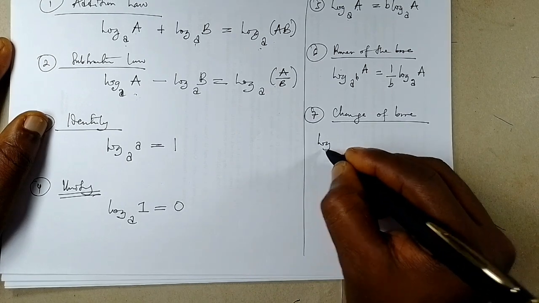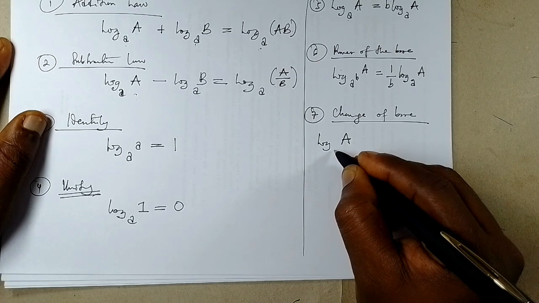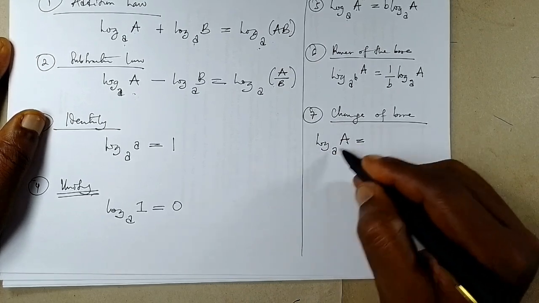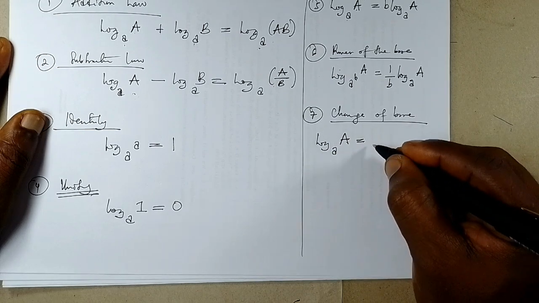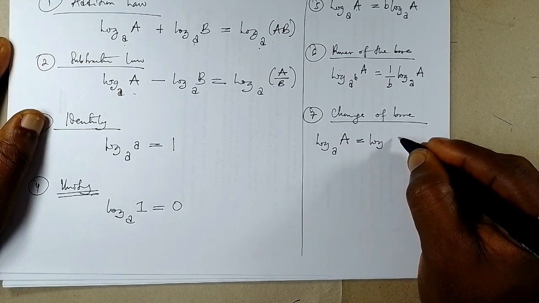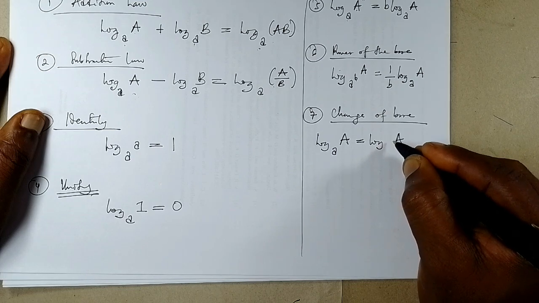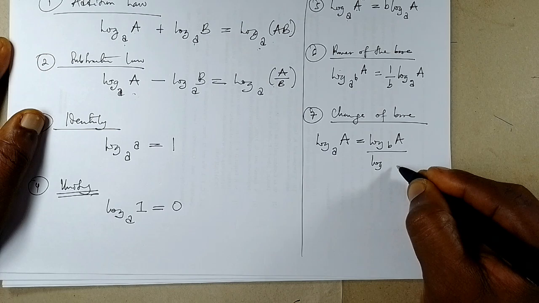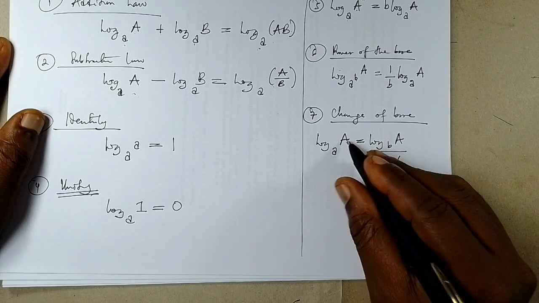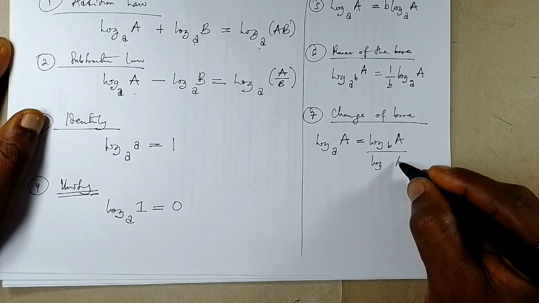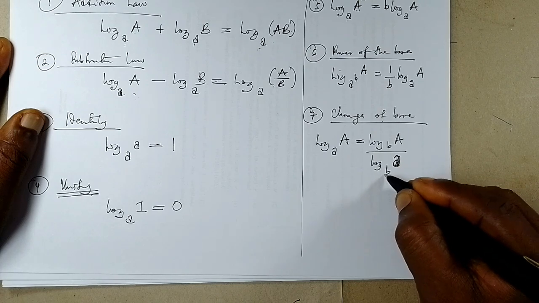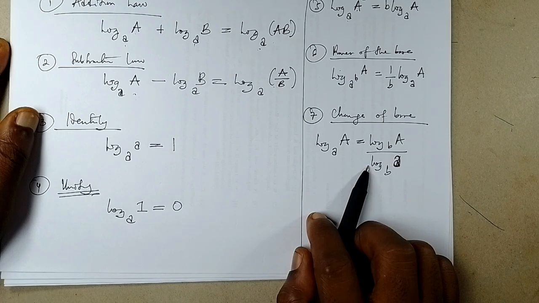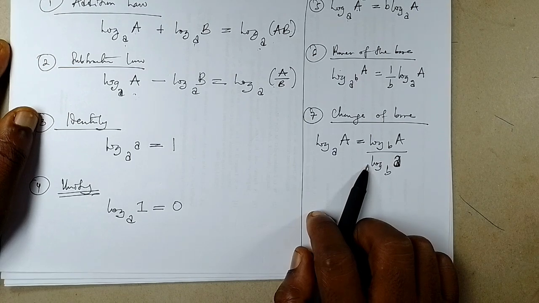This law is simply saying that if you have a number a in a base, say a, and this problem is complex to solve in this form, you may find it easier to solve if you change the base from a to b. And the law is saying if you want to change the base, then the log of a in the new base will be divided by the log of the former base in the new base. So this law is called the law of change of base. We shall be proving this law in my next class.